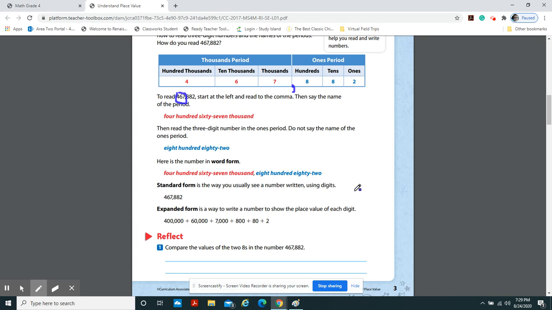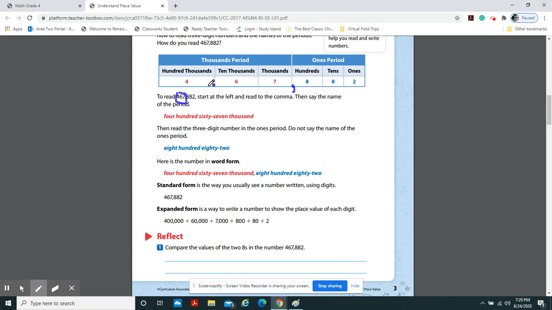Second way to write a number is standard form. Standard form uses only the digits 0, 1, 2, 3, 4, 5, 6, 7, 8, 9. So when we write this number in standard form, we can use the place value chart by filling in each digit in its appropriate position.